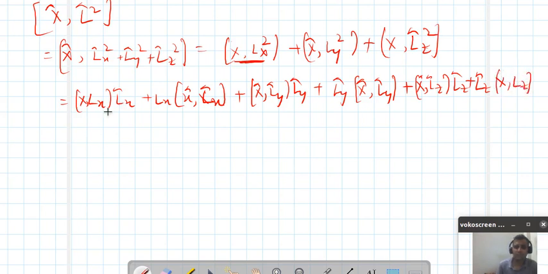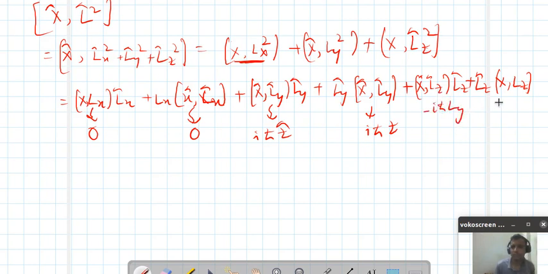So as we know, this is equal to 0, this is equal to 0, and this is equal to iota h cross Lz, and this x Ly is also equal to iota h cross Lz, and x Lz is equal to minus iota h cross Ly, and it is also minus iota h cross Ly.